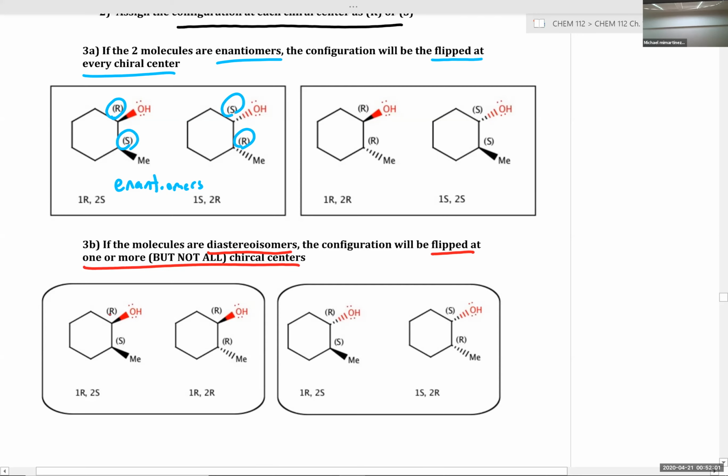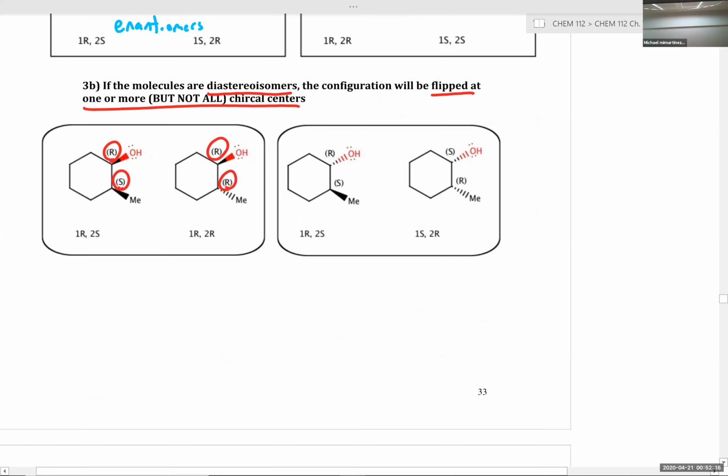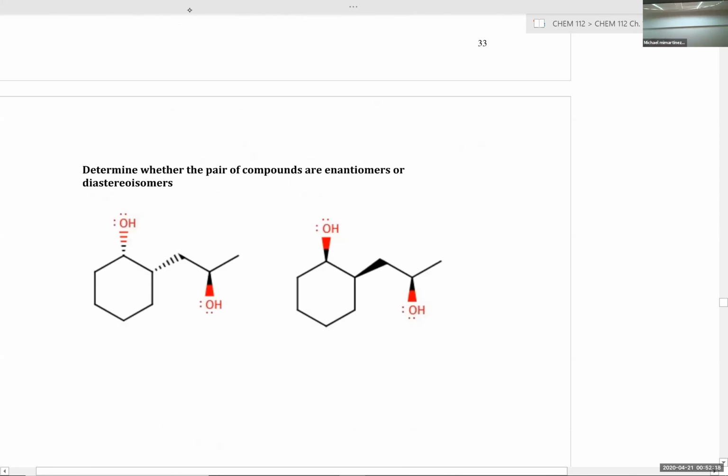So for example, S gets flipped to R, but the alcohol stereocenter stays the same. Just putting into words the rules that we've been slowly building in this section. So with that refresher in mind for the rules, let's take a look at a pair of molecules and determine whether they're enantiomers or diastereoisomers.